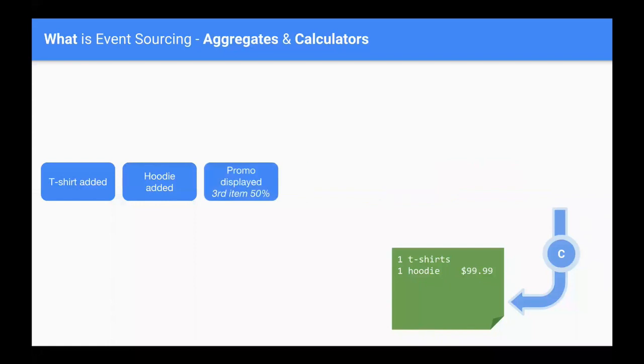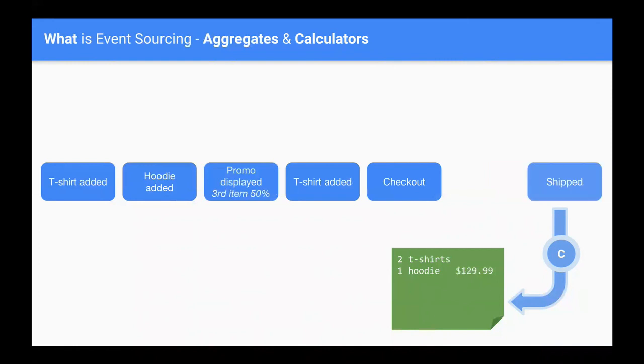Promo displayed, we don't do anything with that. T-shirt added, all right, so we update the order. Now there are 2 T-shirts and 1 hoodie. The user checks out. We don't need to update the order, or we don't want to. And then the order is shipped on June 7th, and then it's delivered on June 14th.